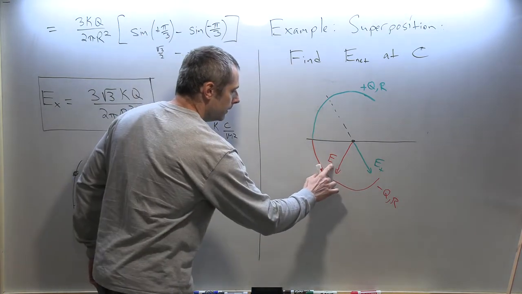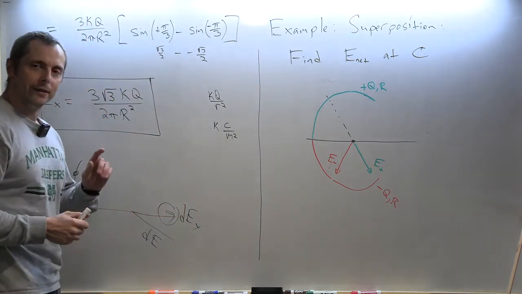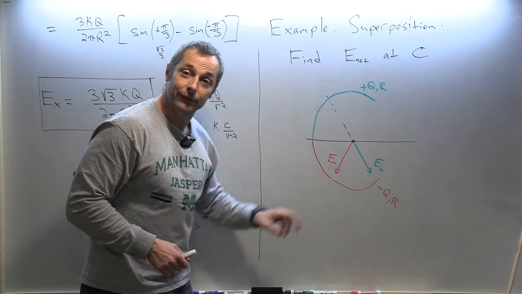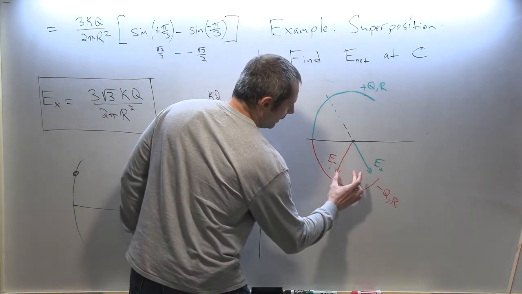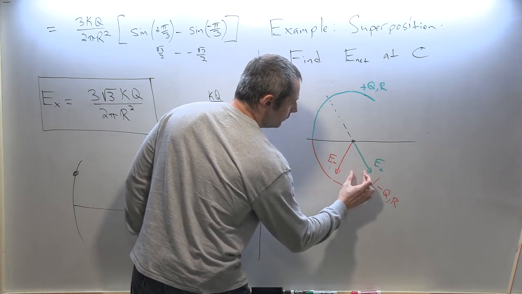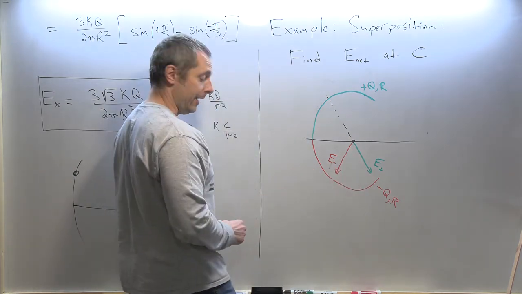Oops. Those arrows are the same length. To find the net electric field, we have to add these as vectors. And if you look closely at the diagram, you would see that the x part this time goes away. These are going to have the same x part. But the two y parts are going to add.